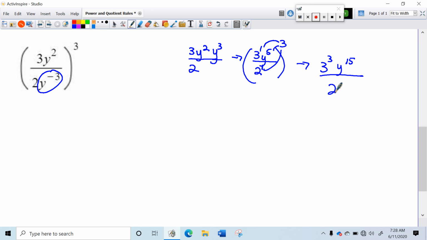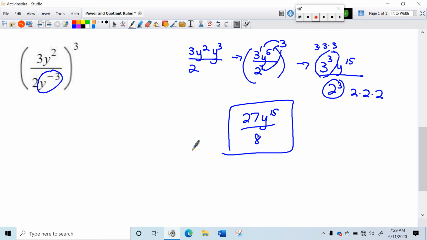So 3 times 1 is 3. So figure this out. 3 cubed means 3 times 3 times 3, which is 27. So I have 27y to the 15th over 2 cubed means 2 times 2 times 2, which is 8. 27 over 8 cannot be simplified, so this is your final answer.